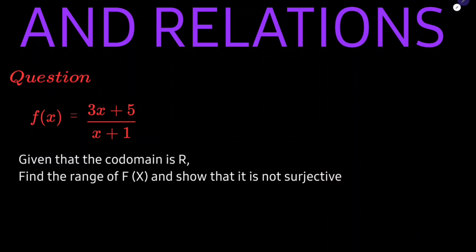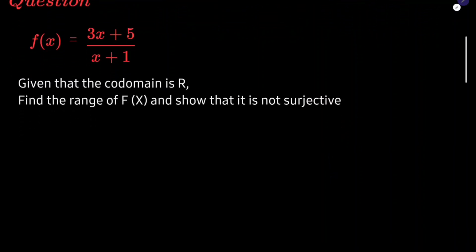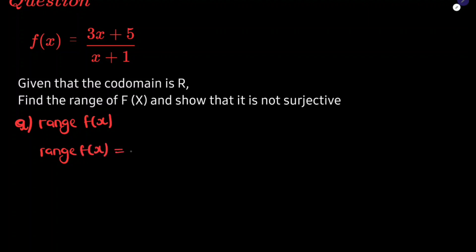Okay, so let's start with the first part. The first part says we should find the range of f of x. So the range of f of x is the same as the domain of the inverse of f.